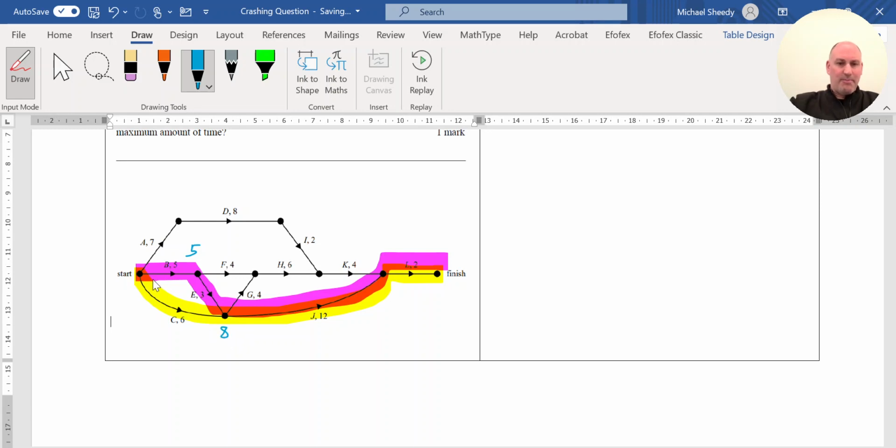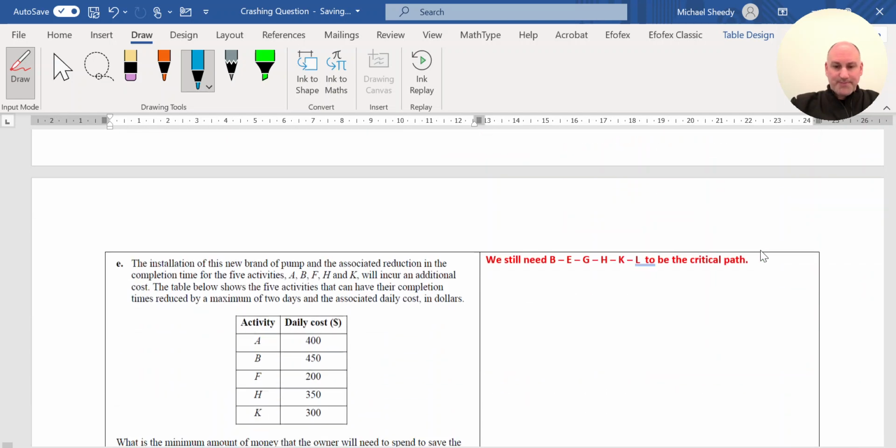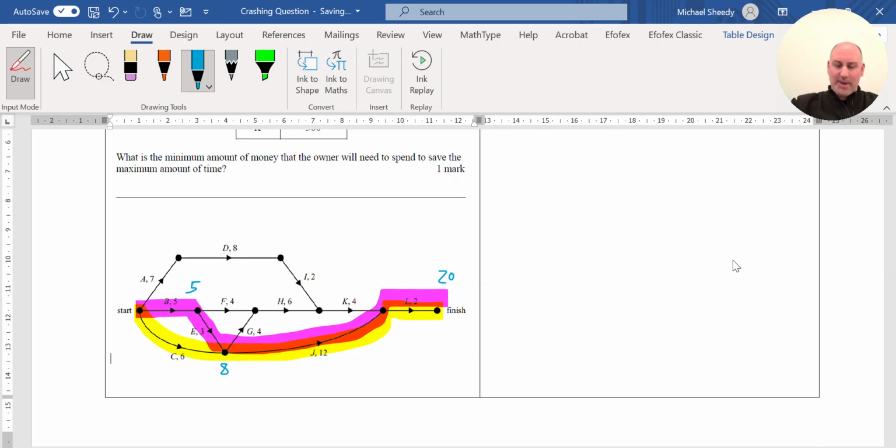Now, if both of these critical paths should be 20 according to this reduction table, then I need to look at how I can get them down to 20. So 20 should be the overall that I'm looking at in the end, but they're currently not 20. If you add C, J, and L together, you do get 20. But if you look at the purple path, I get 5 and 3 is 8, 8 and 12 is 20, and then plus the L is 22.